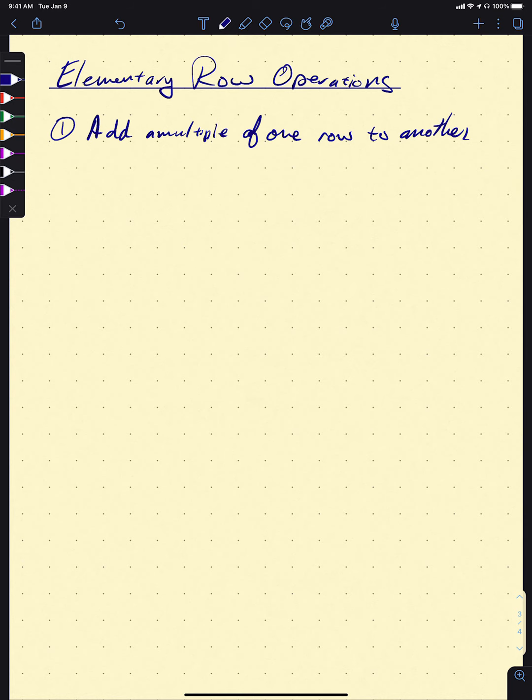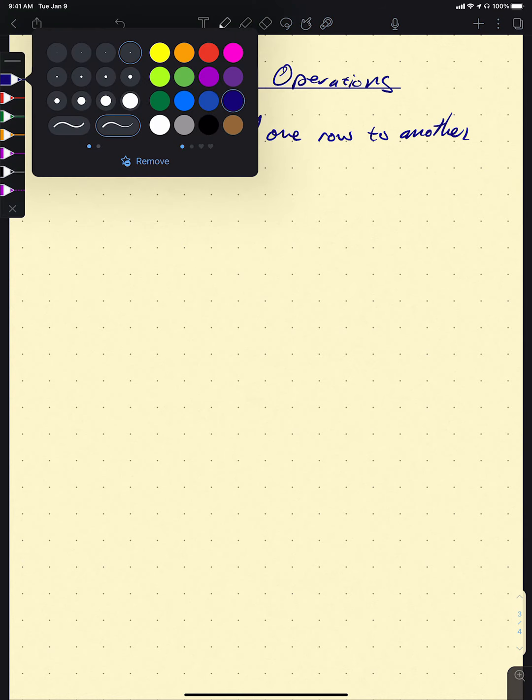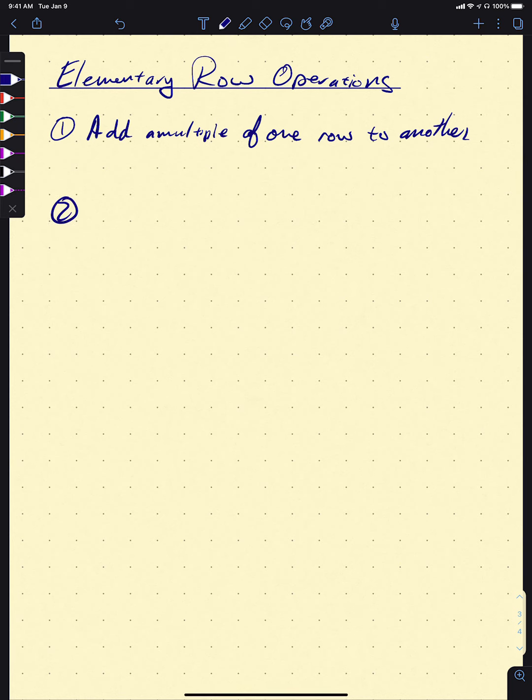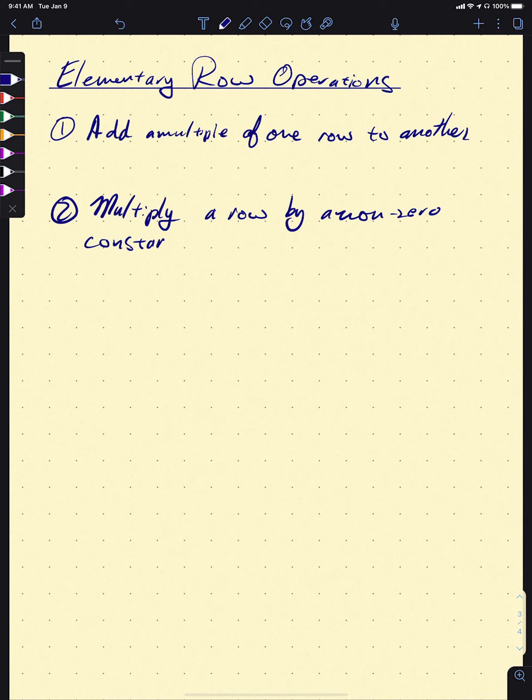Where that multiple has to be non-zero, right? We have number two, you can multiply a row by a non-zero constant. And three, you can interchange two rows.